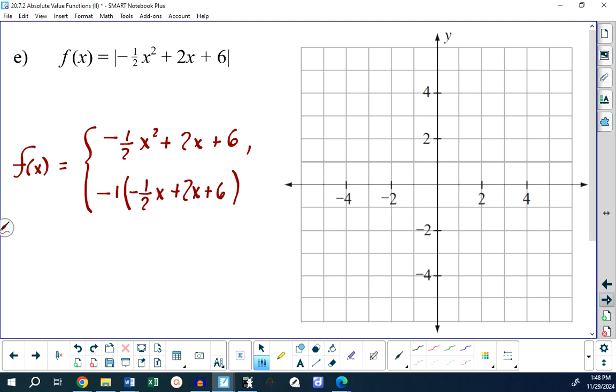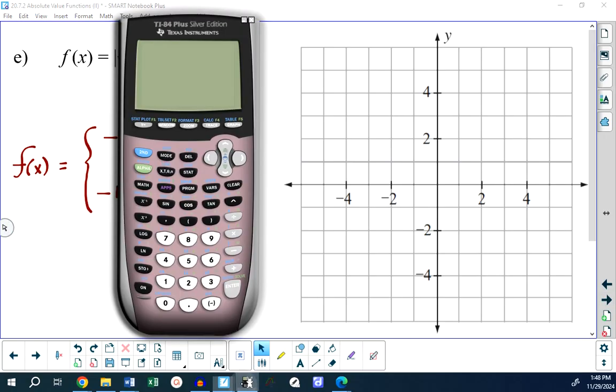You're always going to write the function without the absolute value sign, and then write it without the absolute value sign and multiply by negative 1. We're just going to use our graphing calculator to find out where those two things happen.